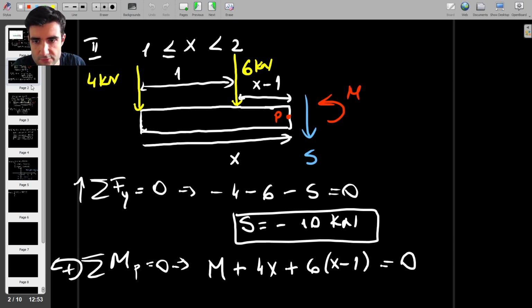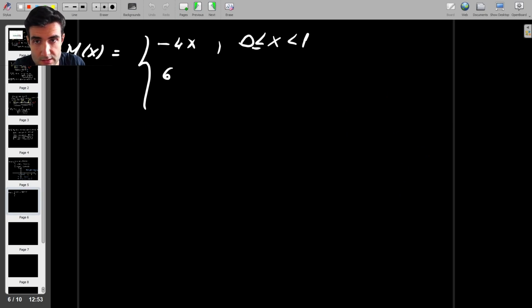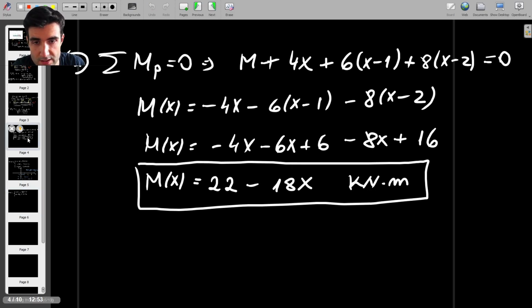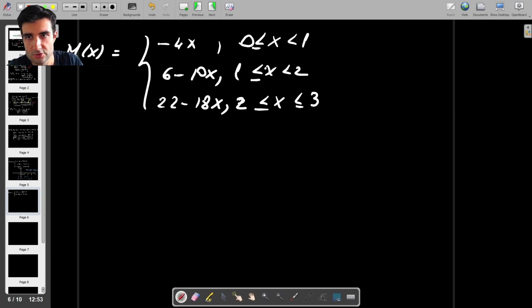And then for the second part, we have the moment as 6 minus 10x, where x is between 2 and 1. And finally, we have 22 minus 18x, where x is between 2 and 3. So this is just going to be a bunch of straight lines joined together, as you can imagine.